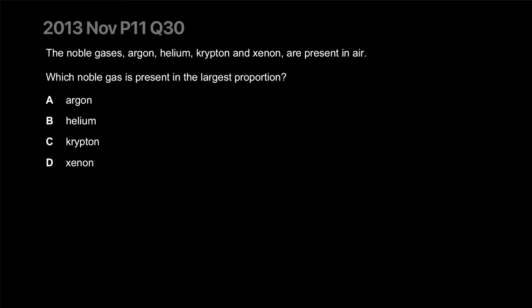So the average atomic mass of air is about 29. Argon is 40, helium is 4, krypton is about 84, and xenon is 132, right? And air is about 29.